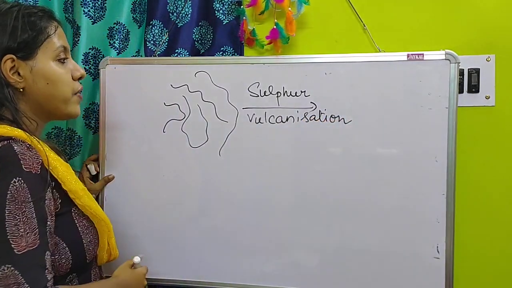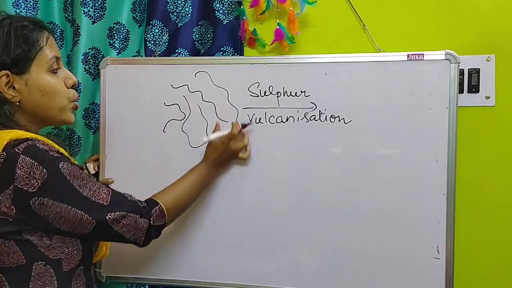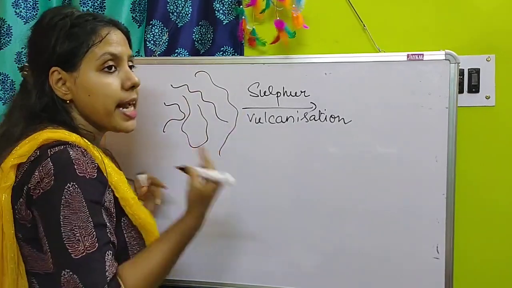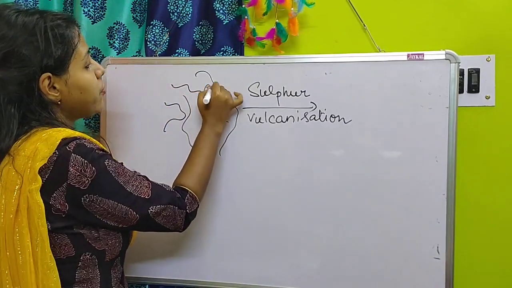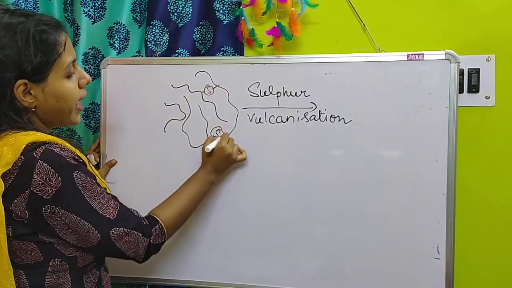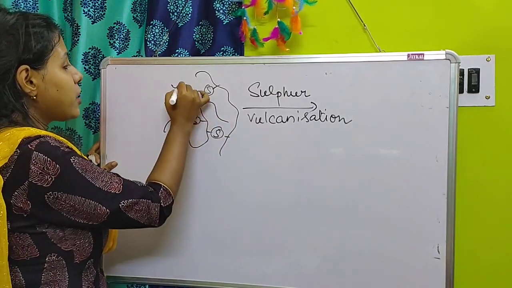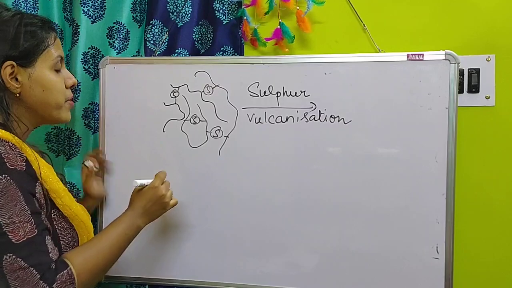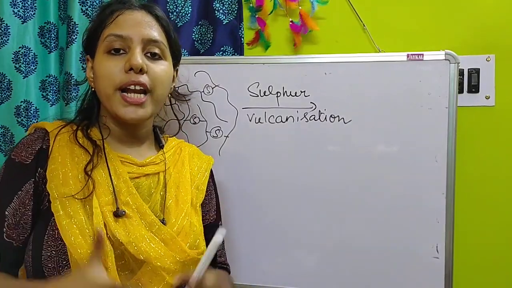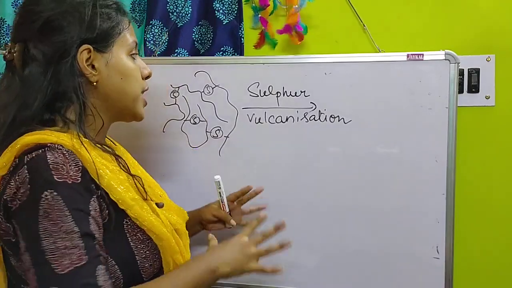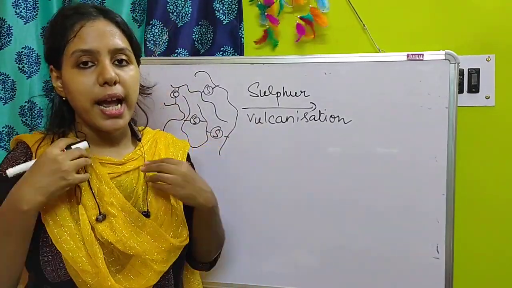After sulfur vulcanization, these two chains will be interlinked with the help of a sulfur atom. There will be cross-linking by sulfur atoms, which makes them stronger and more elastic. So this is the process of sulfur vulcanization.